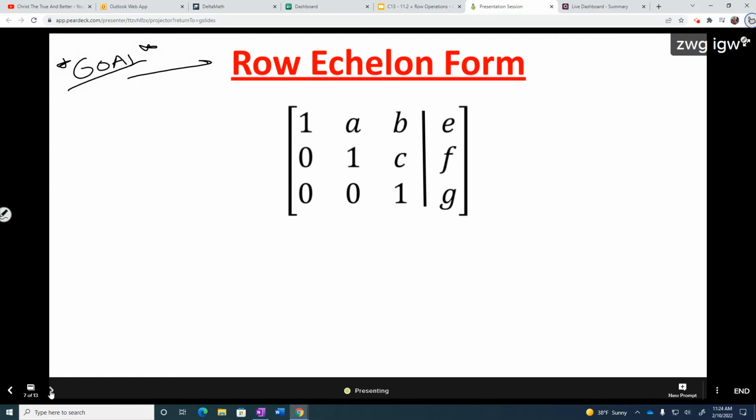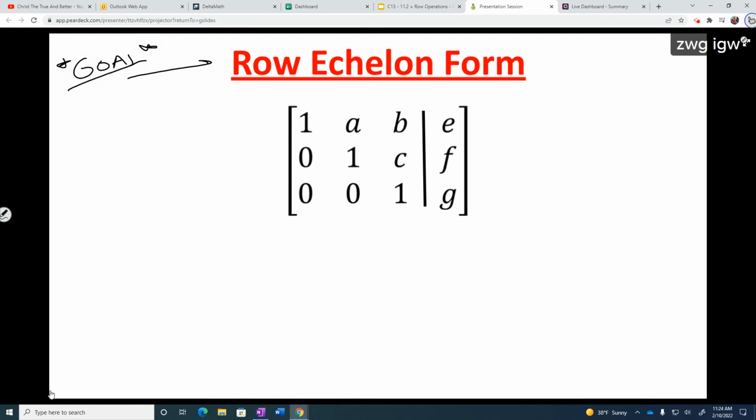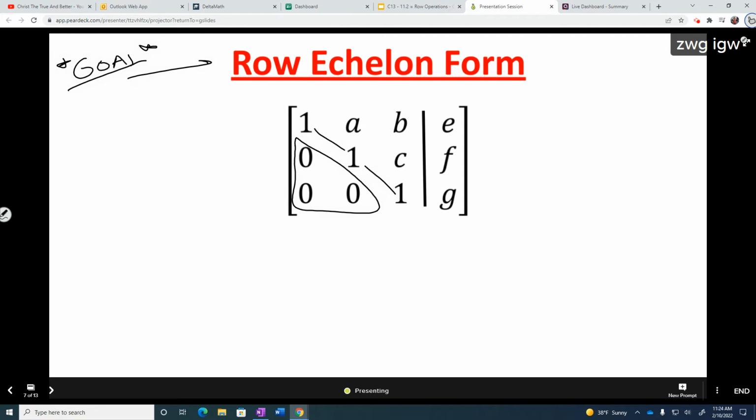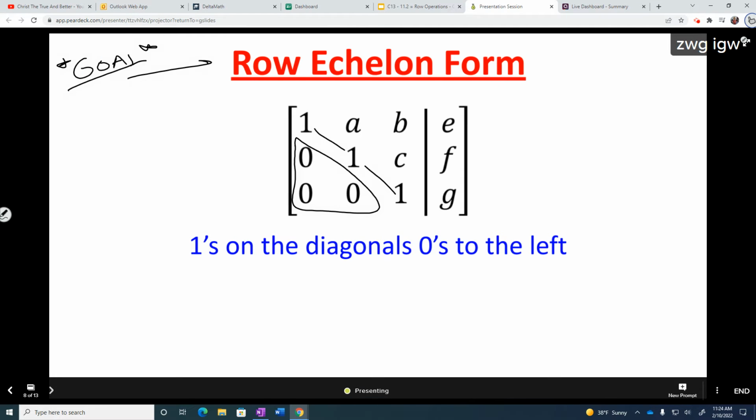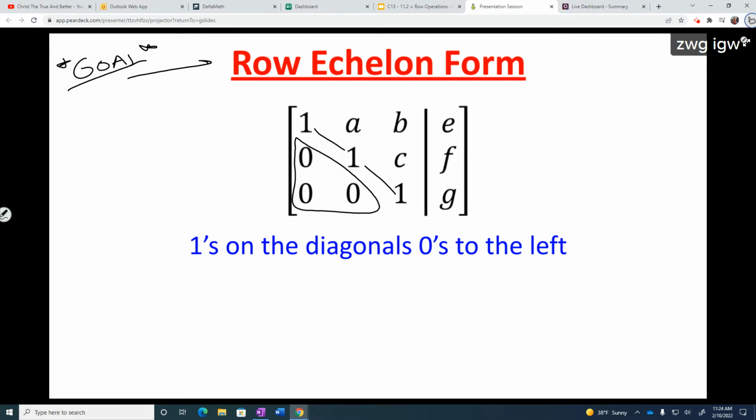This is what row echelon form looks like. Don't worry about the letters because they just represent numbers. But in row echelon form, notice there are 1s here, and then these are 0s. So the diagonal is 1s, and then there are 0s to the left of that.